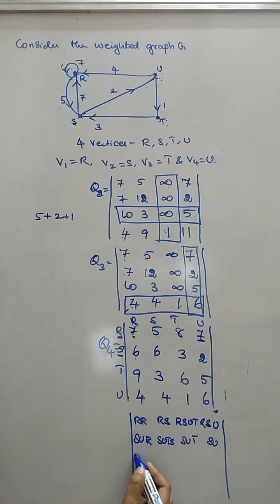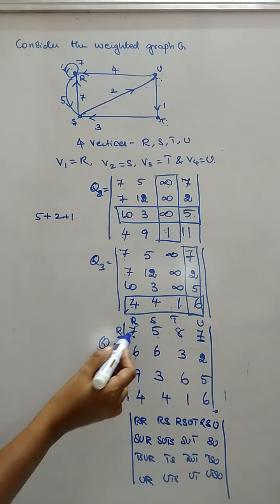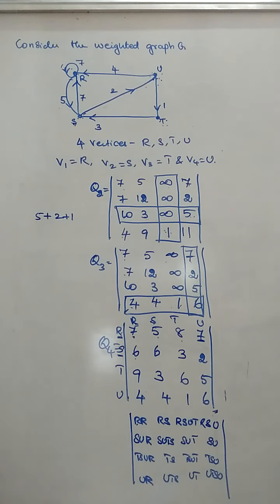And here TSU, and then UTS, and for here the UT, and for here UTSU. Okay, so it just defines the shortest path between every pair of vertices.